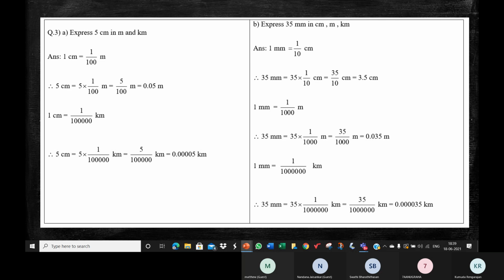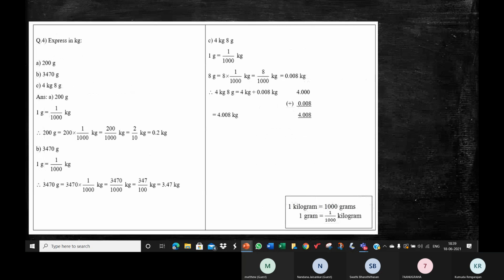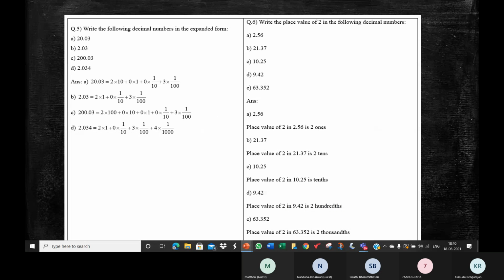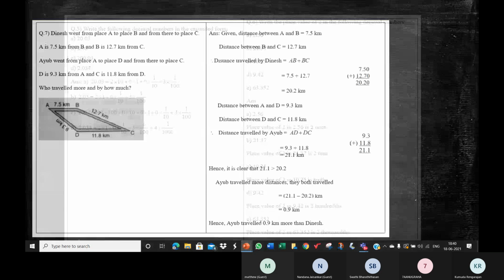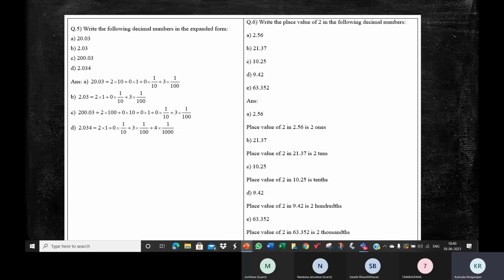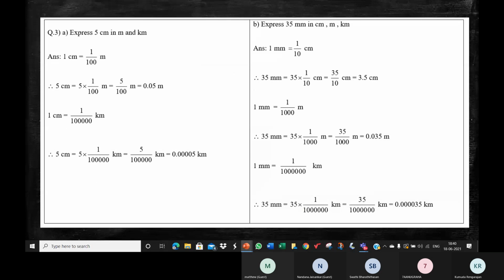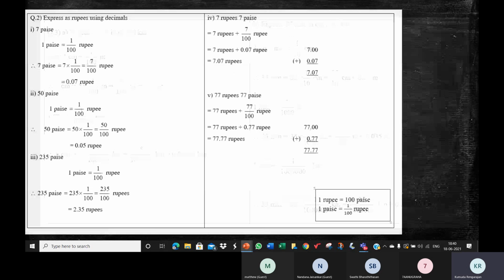Okay. Only these children. This one, 1, 2, 3. That's all. And this one, 4.